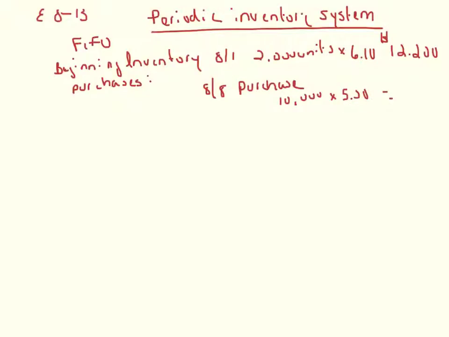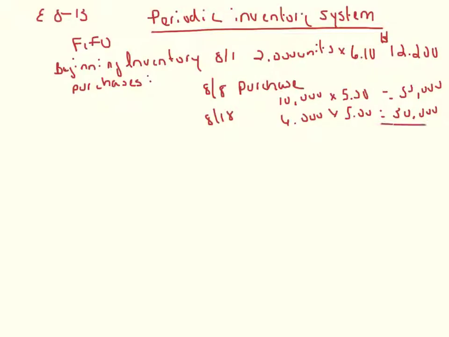So that comes out to 55,000. Then we had another purchase on 8/18 of 6,000 units at $5 each. So that comes out to 30,000.